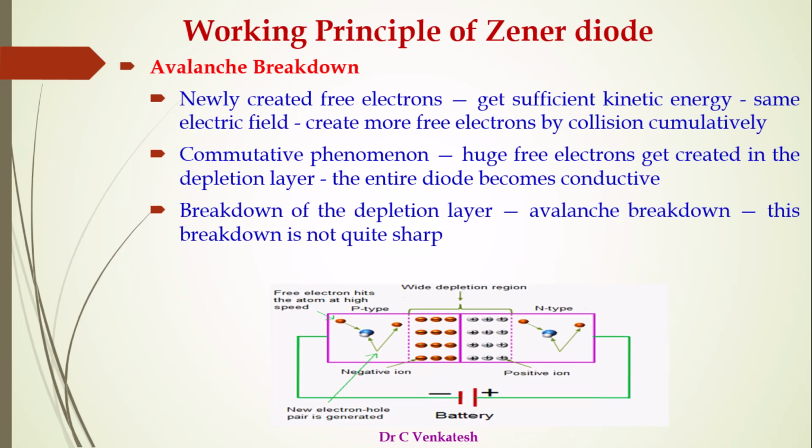When the external voltage increases, some minority carriers from N to P and P to N collide with the immovable ions. Due to the collision, the free electrons are created. The process is continuous. Then more number of free electrons are created due to the collision.